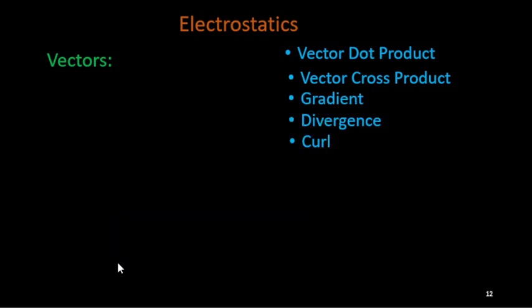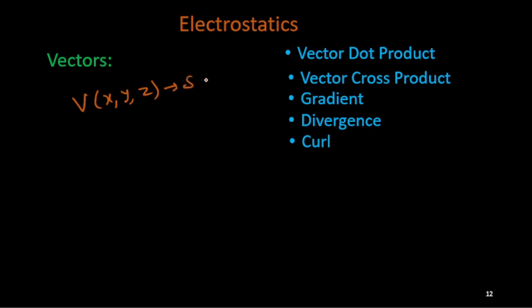Next, you need to understand gradient, divergence, and curl. I have already said that we can have two kinds of field: one is scalar field, the other is vector field. Suppose we have a scalar field V that is a function of space x, y, and z.